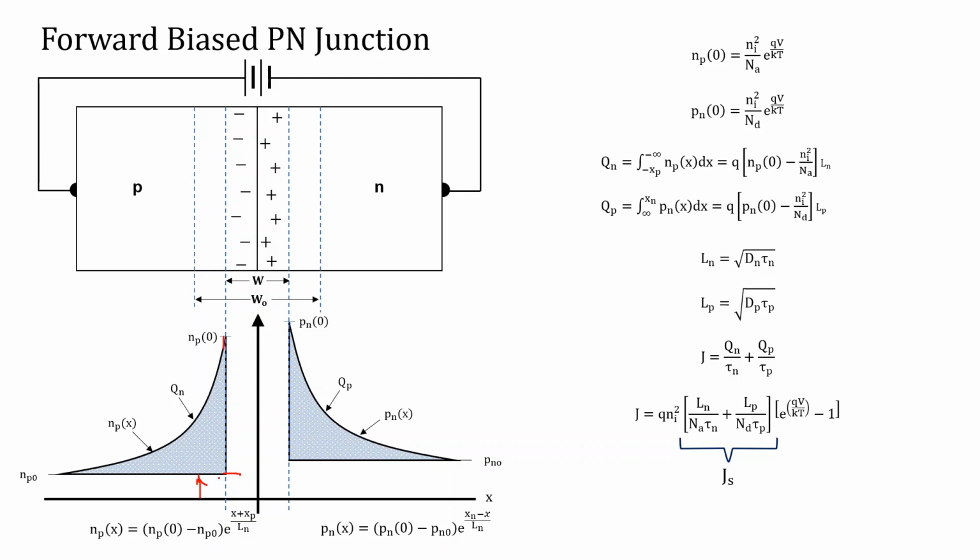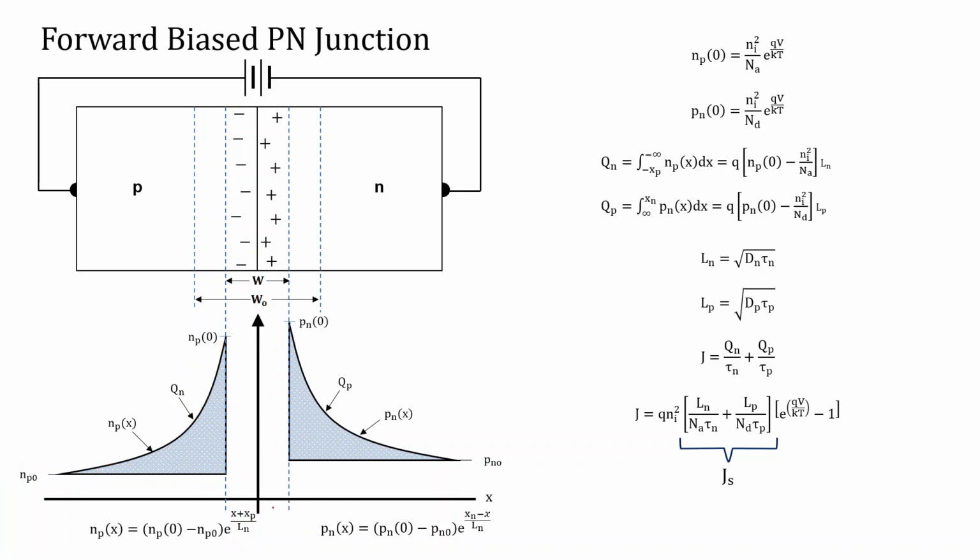So the axis for NPX is like this, and the y-axis is this only. So at minus xp the value is this much, which is np0 minus np0, and at minus infinity the value goes to 0 because this is the axis.